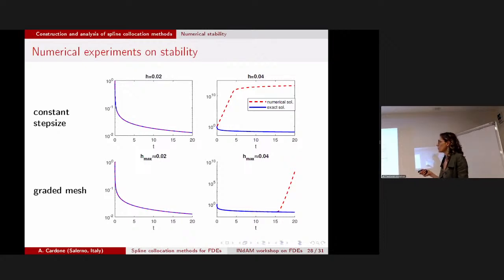And so we imposed that the maximum value of the step size should be within the region of stability that we computed in the constant step size framework. And as a matter of fact, when H max is within this region, no instability arises. While when H max is outside that stability region, some instability arises, even later with respect to the constant step size case.